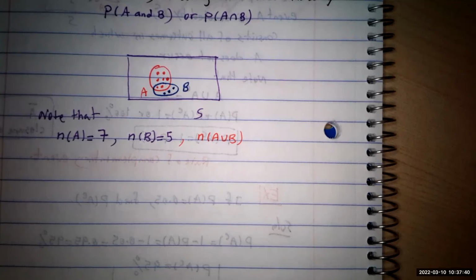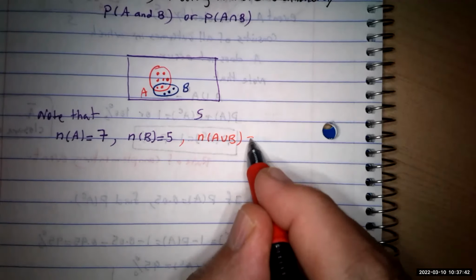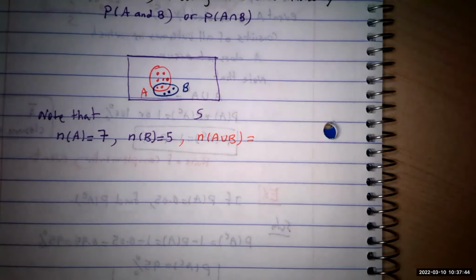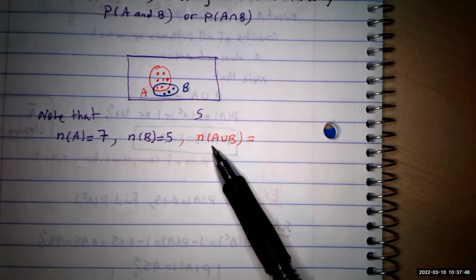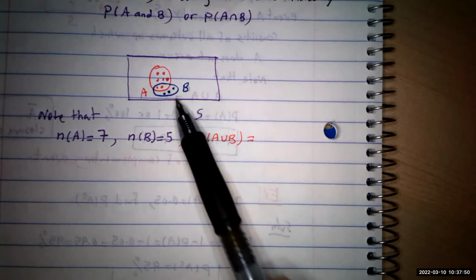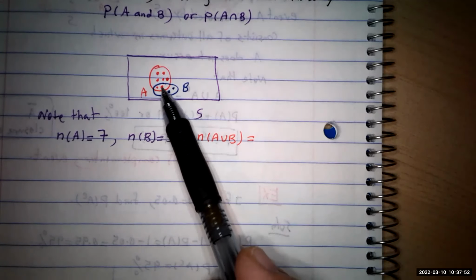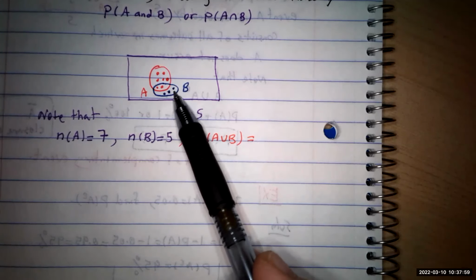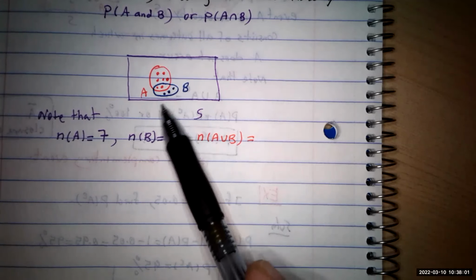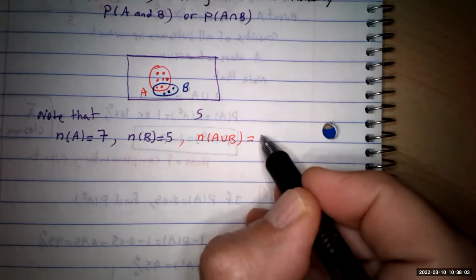The reason you say 12 is maybe you start counting the members. You have to check the numbers in A, the red one. In the red one, we get 7. Then you have 3 blue here. So 7 and 3 would be 10.